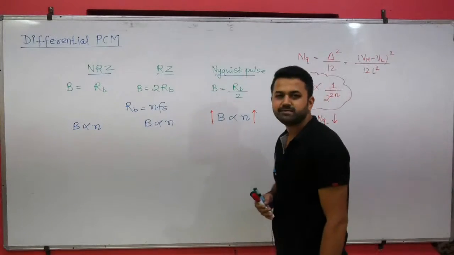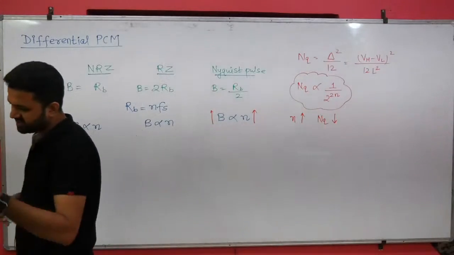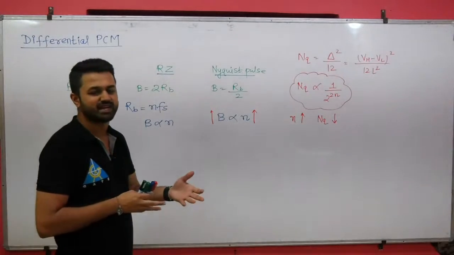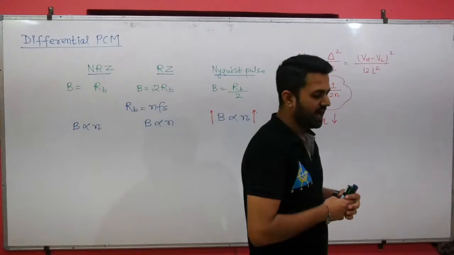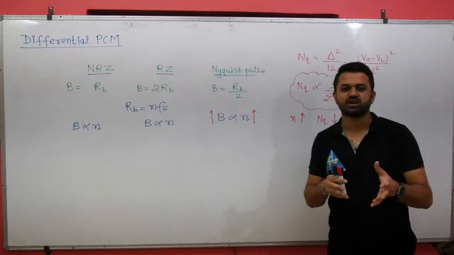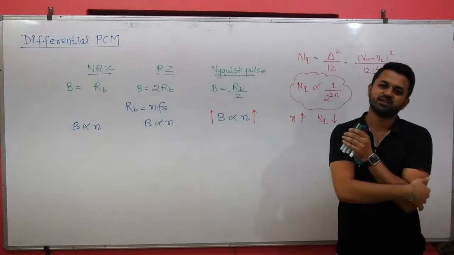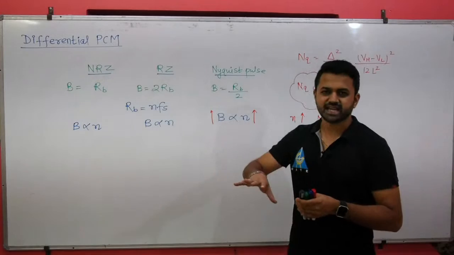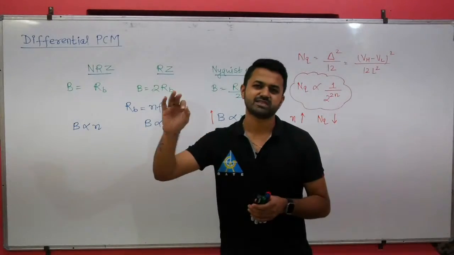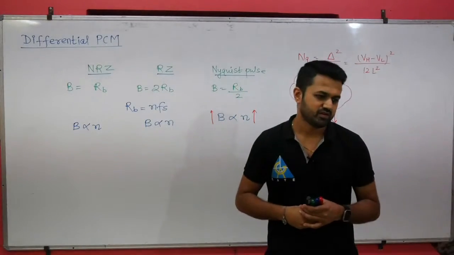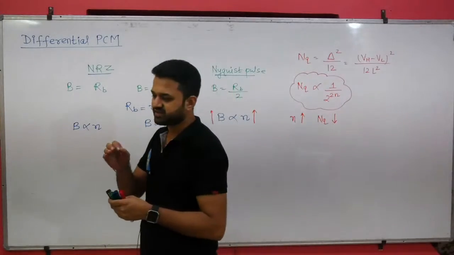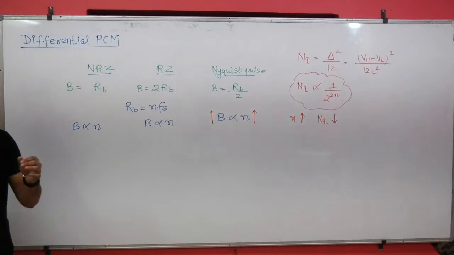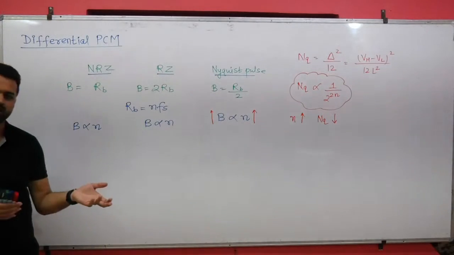So I am saying that if the number of bits increases, the bandwidth for the signal to be transmitted increases, and then we cannot transmit more bits at a time through the channel bandwidth. So we don't increase the number of bits to represent each sample beyond a certain limit.